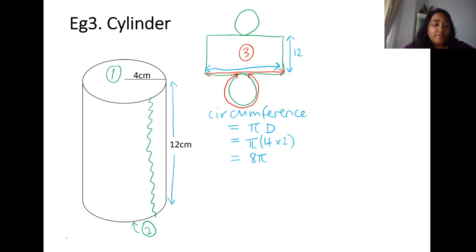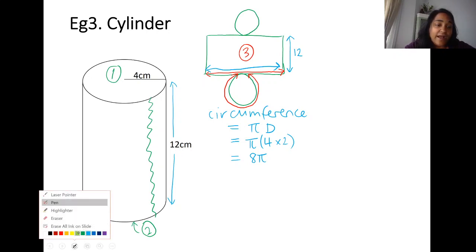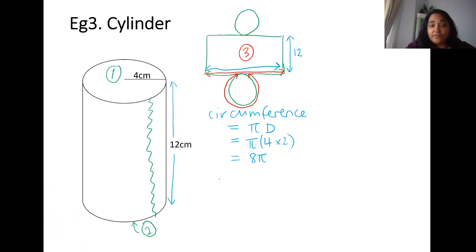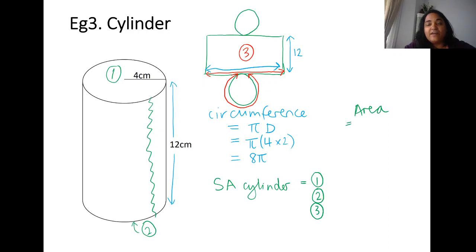So now we need to put all of that together and go back to working out our surface area. So the surface area for this prism, well, it is a prism, but it's also called a cylinder, is going to be 1 plus 2 plus 3. My surface 1, well, what's my area for a circle formula? Remember that rhyme, or that phrase? Apple pies are squared.